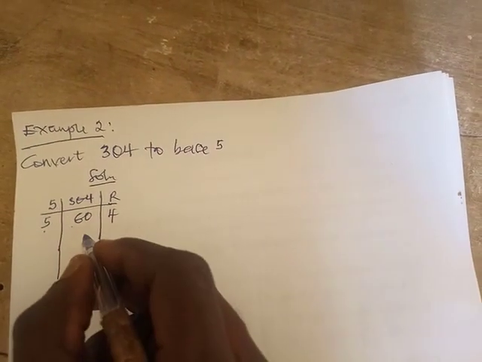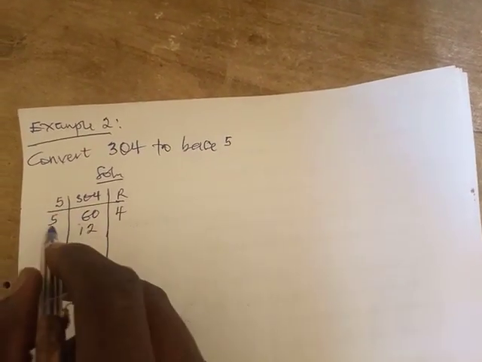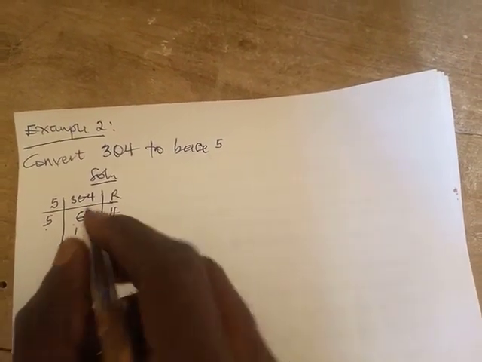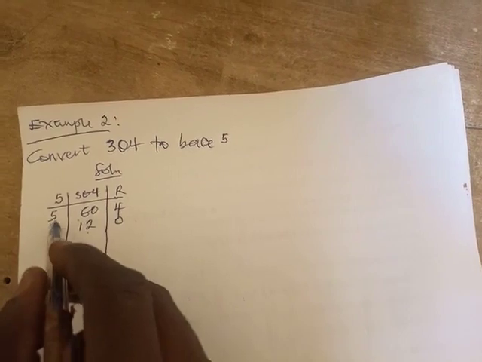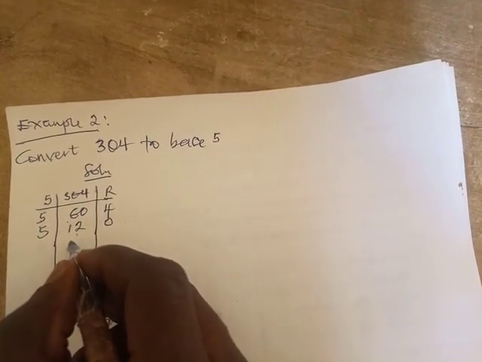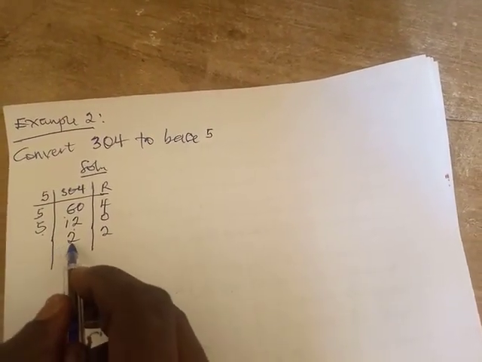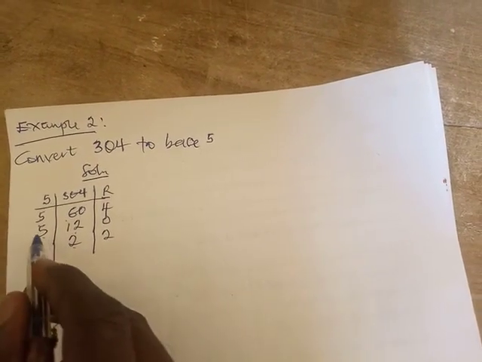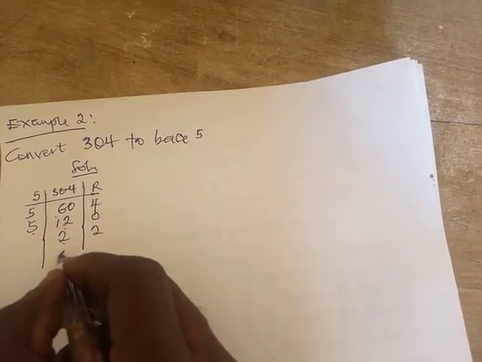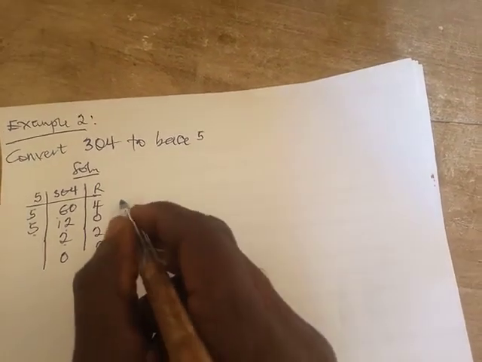5 into 60, we have 12. 5 times 12 is 60, remainder 0. 5 into 12, we have 2, remainder 2. And 5 into 2, 2 is less than 5, so 5 can't go into 2, so write 0 here and bring this remainder 2.